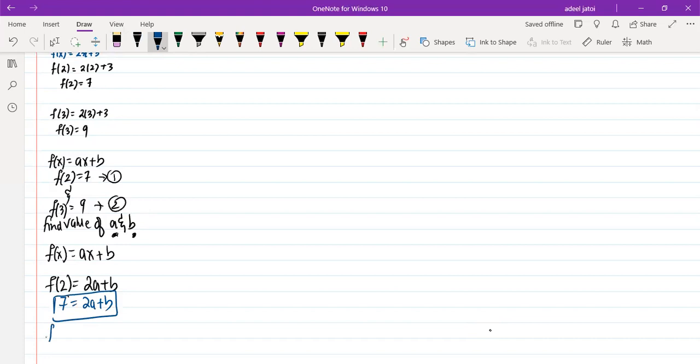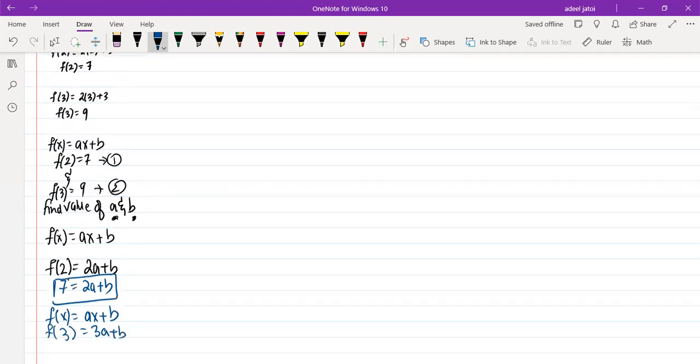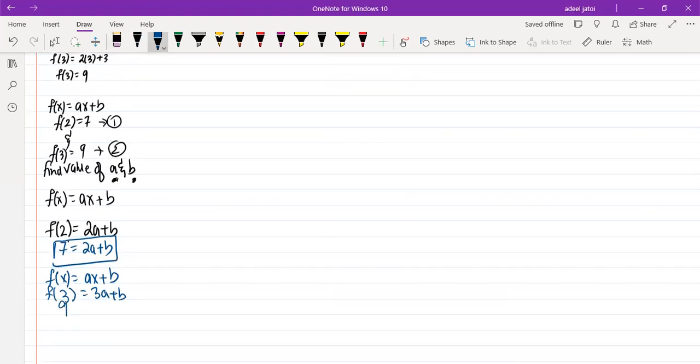Similarly, we have f(x) is equal to ax plus b, but we also know that f(3) is equal to 9. So f(3) means 3a plus b, and the value of f(3) is 9. So 9 is equal to 3a plus b. This becomes your second equation.